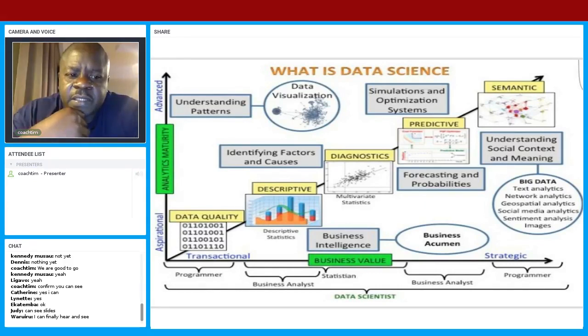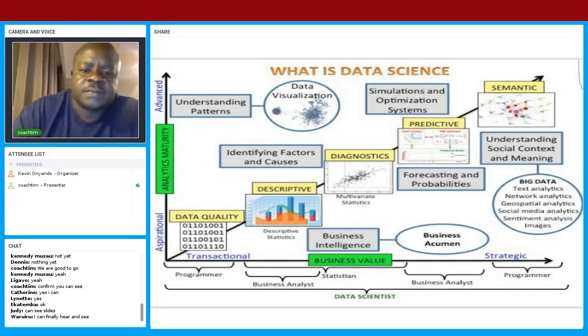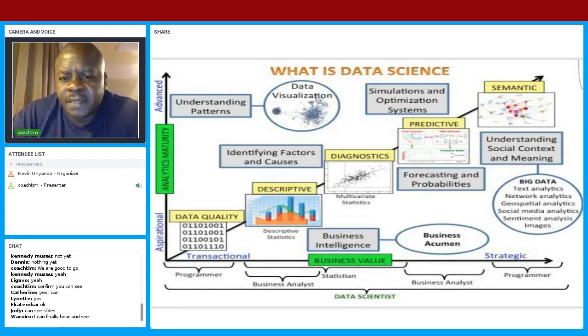Yeah. The next part is diagnostics, and this concerns itself with identifying factors and causes. We call it cause effect. And in the diagnostics, now you start dealing with multivariate statistics. So you start creating things like mean, standard deviation, diversion of spread, just to see what is the pattern that the data is displaying.